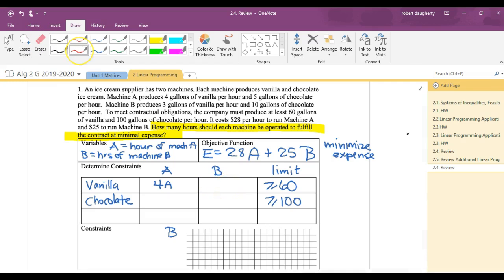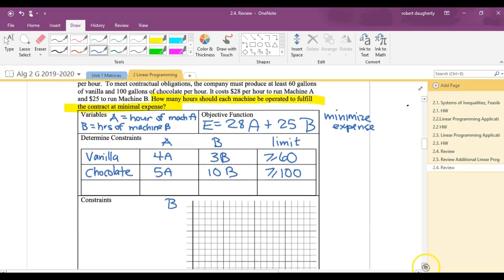Machine A can do 4 gallons of vanilla and 5 gallons of chocolate, so it's this. Machine B can produce 3 gallons of vanilla and 10 gallons of chocolate. And that gives me all of my constraints, and I'm ready to move to graphing.